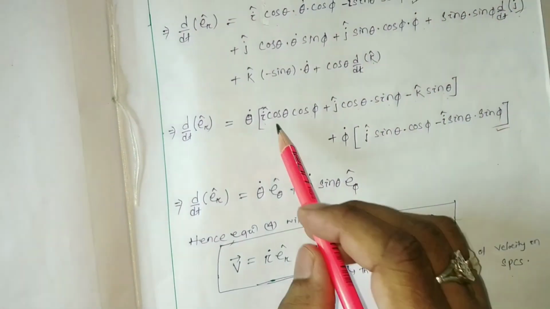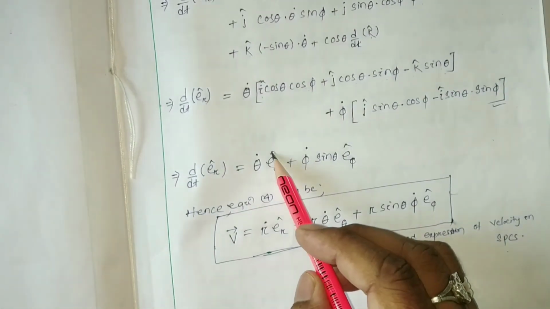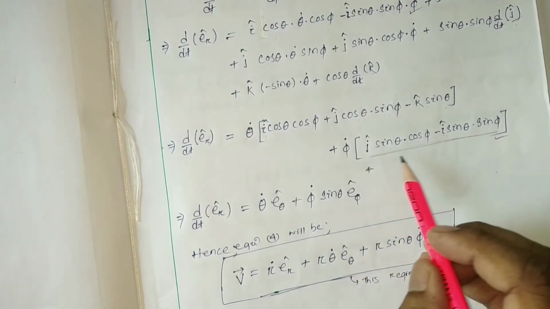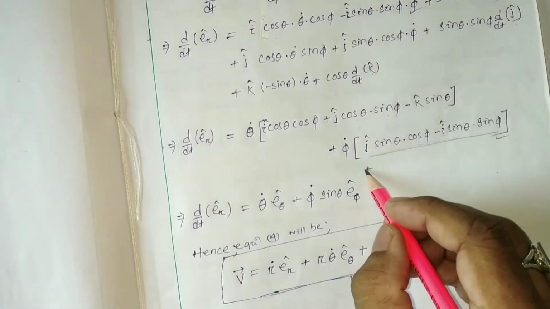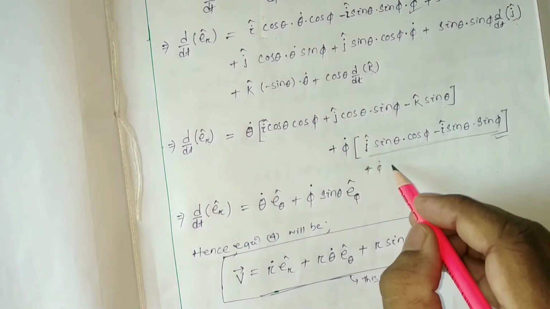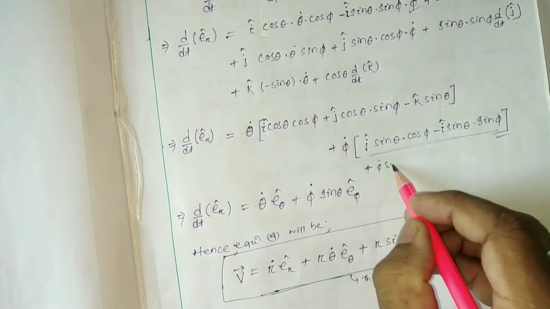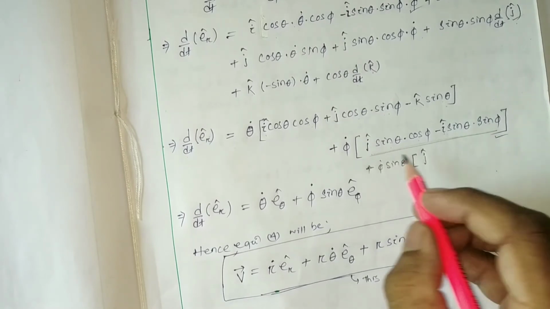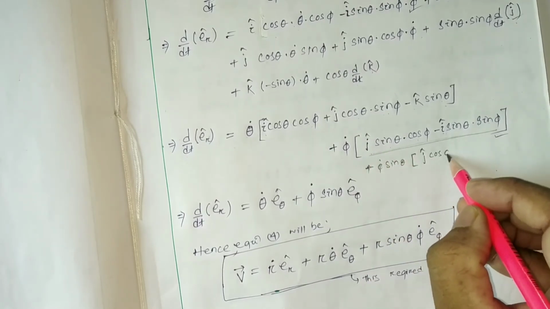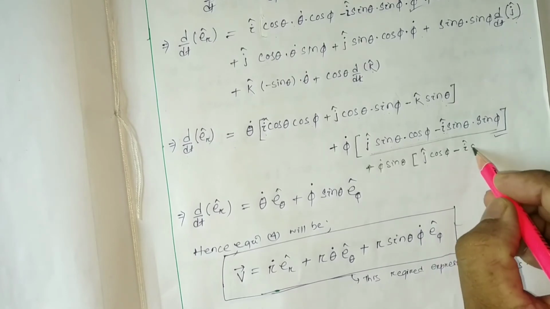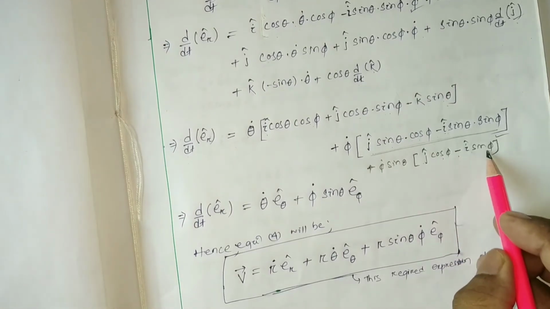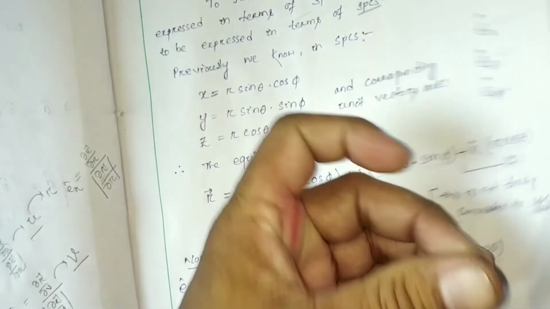So instead of this much, we can write e theta cap. Similarly, from this term, what can we get? See, phi dot is there, sin theta taken outside. The rest of the terms are j cap cos phi minus i cap sin phi, which is nothing but e phi cap.